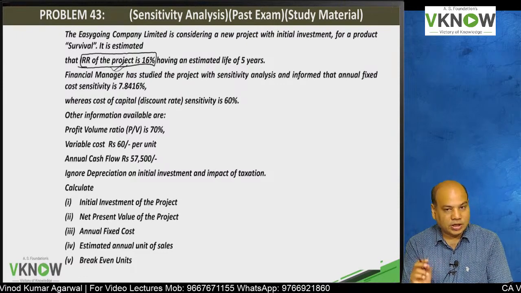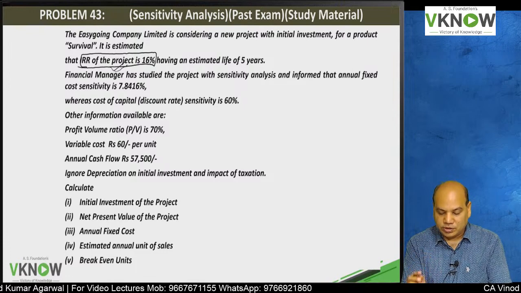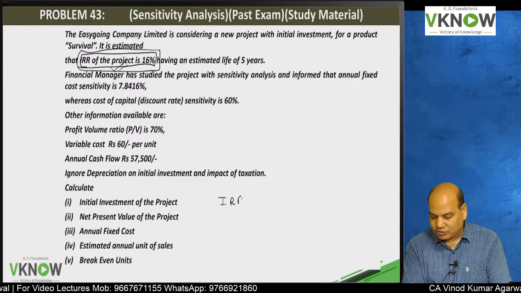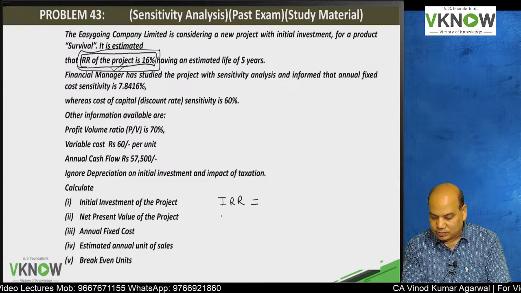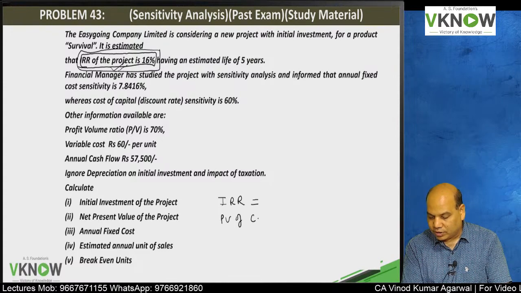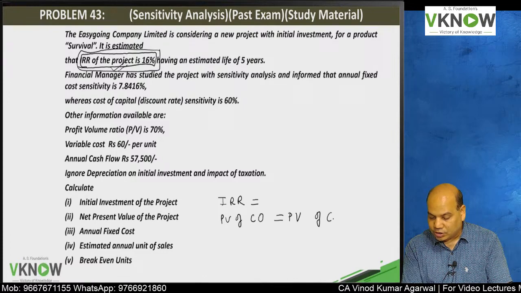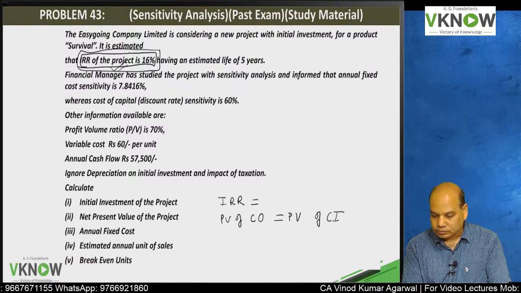IRR is that discount rate at which NPV is 0. IRR is that discount rate at which PV of cash outflow is equal to PV of cash inflow.